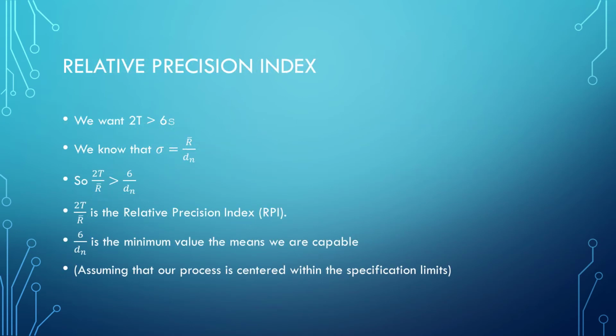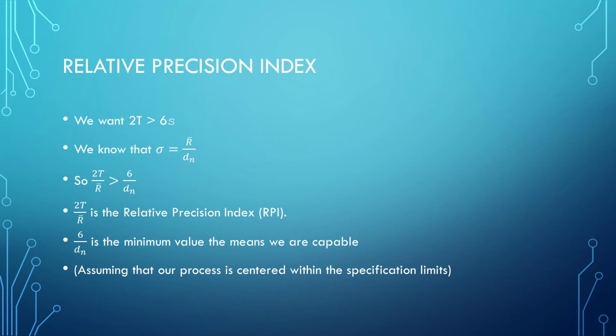So our first measure of process capability is called the Relative Precision Index. And basically, it's hinged on this idea that we want 2t to be greater than 6 sigma. The challenge is, what value do we use for sigma? Remember, sigma is the attribute of the underlying distribution. So it is the standard deviation of the underlying distribution. But we don't have anything that measures the underlying distribution. So we know that if we're grouping data, then we can estimate sigma with the average range over Hartley's constant.